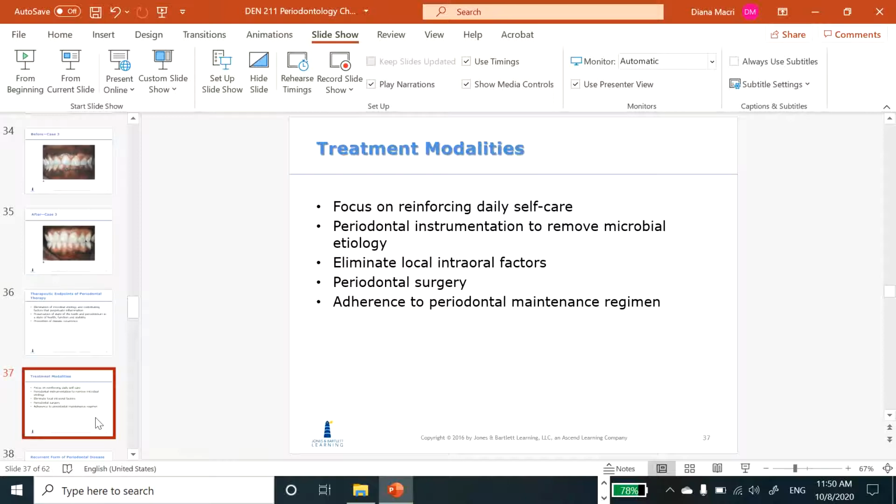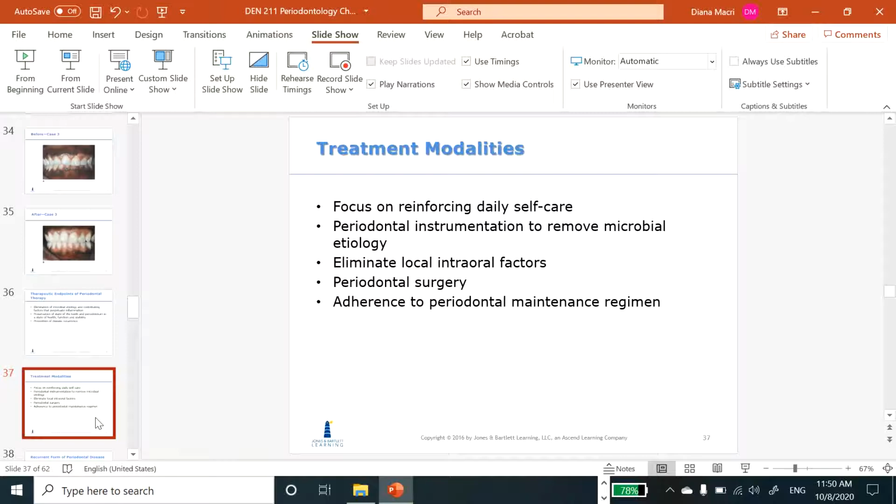Treatment modalities focus on, so modalities refers to what exactly we are going to do. The number one thing is focus on reinforcing daily self-care. This is brushing, flossing. I've said this to you so many times, how important home care is in the prevention of periodontal disease and also in maintaining.